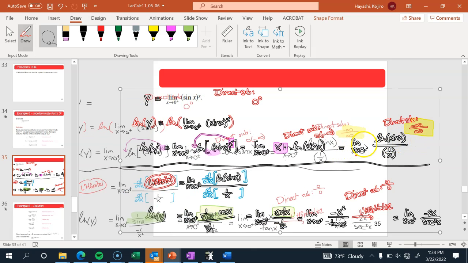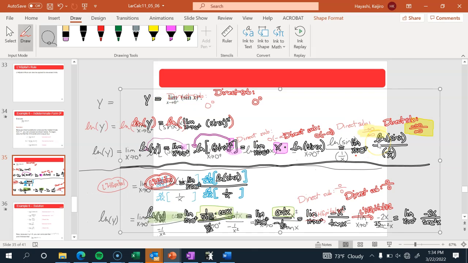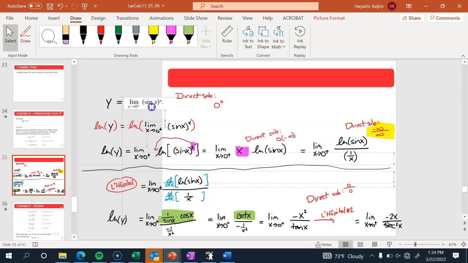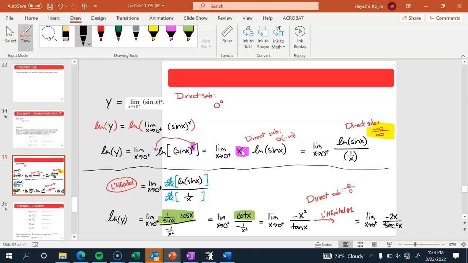Let me shove everything over to the left a little bit. You can rewrite this as negative 2x cosine squared of x. Secant is the reciprocal of cosine, so secant squared on the bottom means a cosine squared on the top.